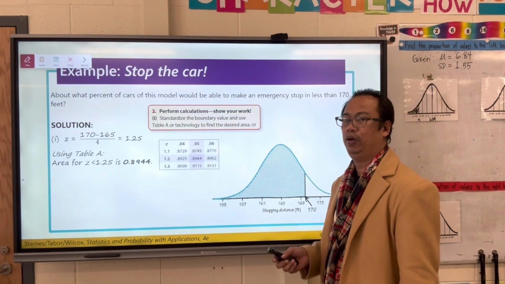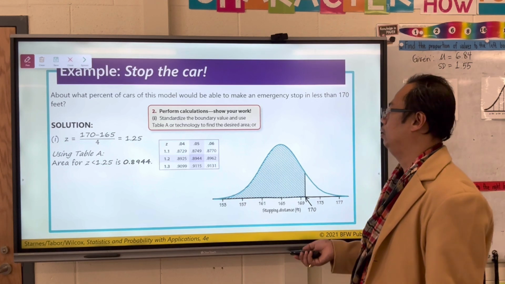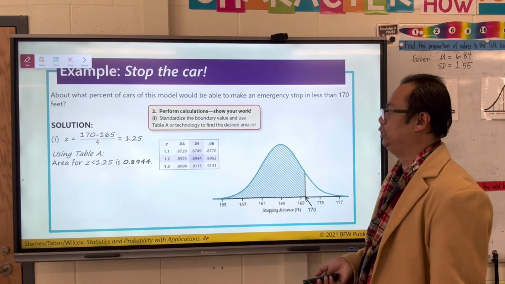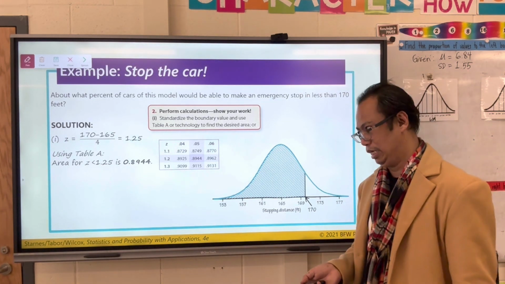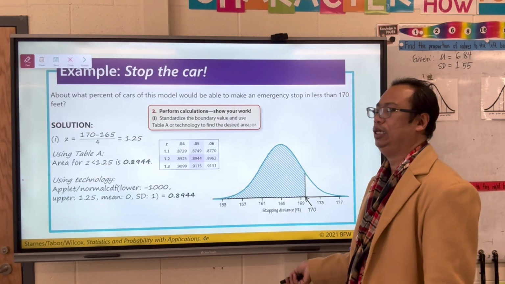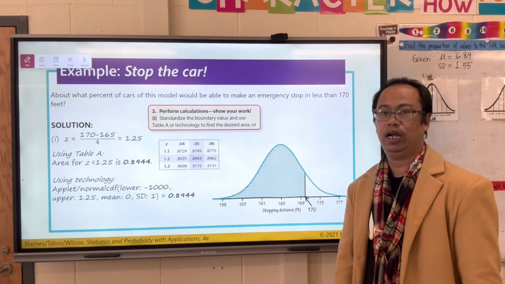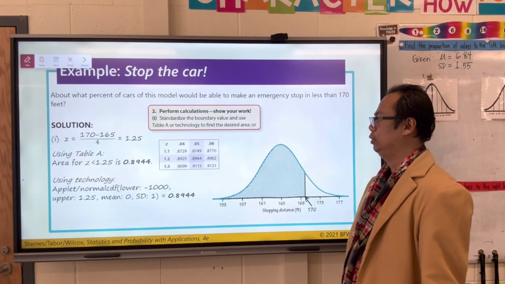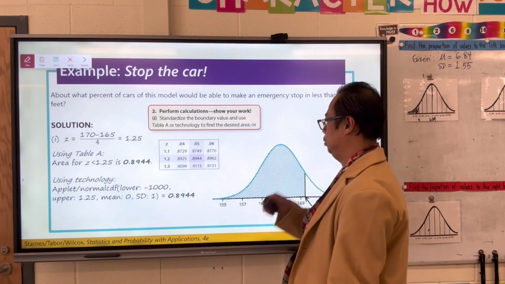Okay, you will see that 0.8944, meaning it's 89.44%. Now, in the applet, we calculated 0.8944 as well.